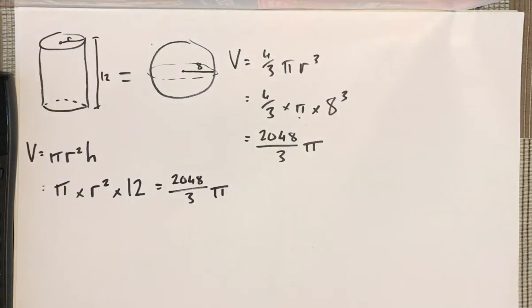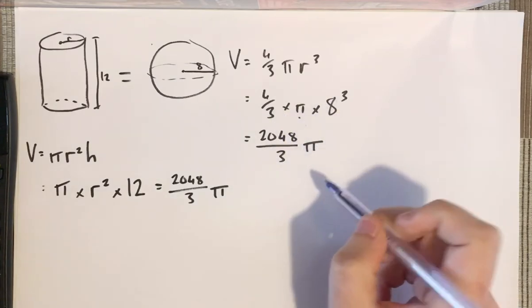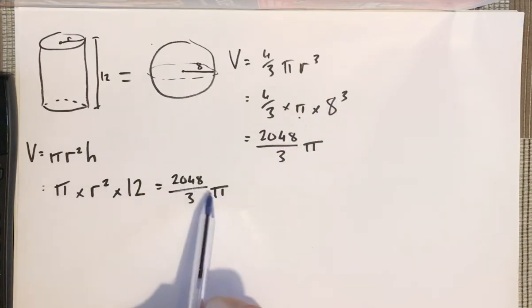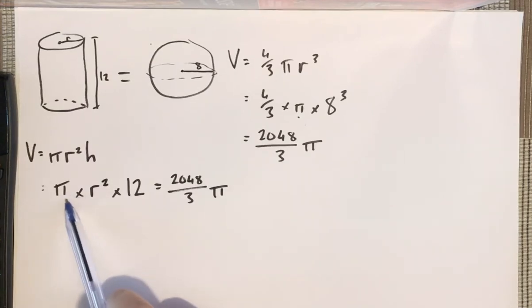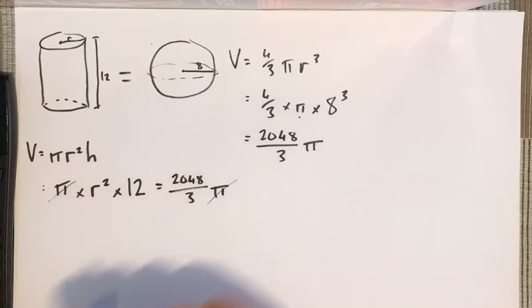As long as I've only got one unknown, I can use algebra to solve it. First thing I would do here is cancel pi's from both sides. So left hand side is multiplied by pi, right hand side is multiplied by pi. So if you divide both sides by pi, the pi's cancel. That's why I left this one in terms of pi.